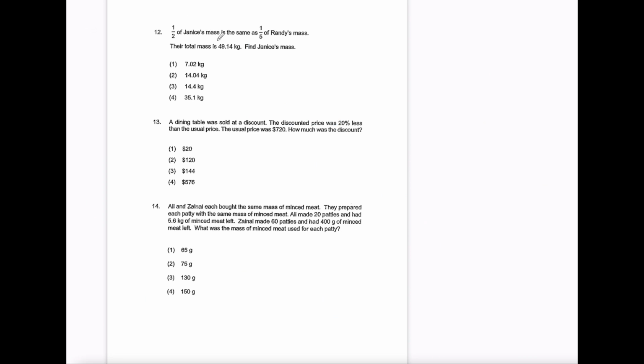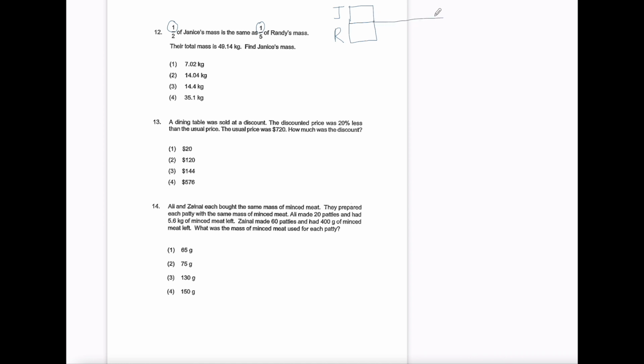Question 12, half of Jenny's mass is the same as 1/5 of Randy's mass. So if I were to dissect this question, it would mean that 1 unit of Jenny's is equals to 1 unit of Randy. So the units look the same. So let me draw the model so you guys can see it clearer. So J and R. If 1 unit of Jenny's is this long, 1 unit of Randy's will be this long also.